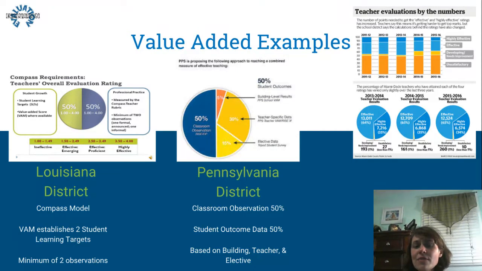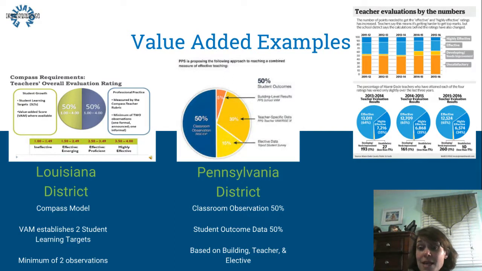And then the final graph that I wanted to share with you is teacher evaluation by numbers. And this one comes from Dade County in Florida. It looks at the percentage of teachers and how they've rated over the past 3 years when that particular graphic was done, going from 2013 to 2016.